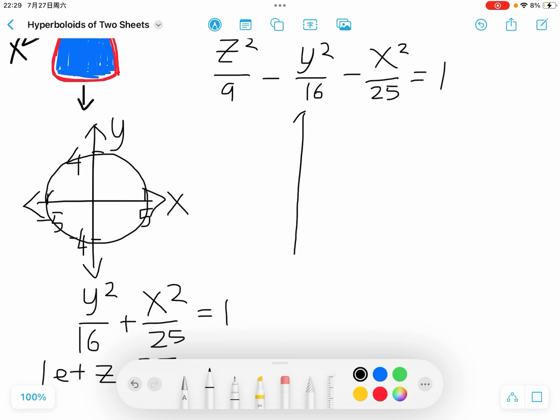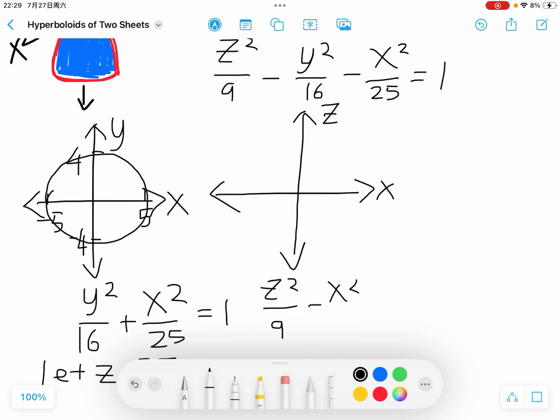So now we can graph the XZ trace. This is the Z coordinates and this is the X coordinates. We just let Y equal 0. We have Z squared over 9 minus X squared over 25 is equal to 1.